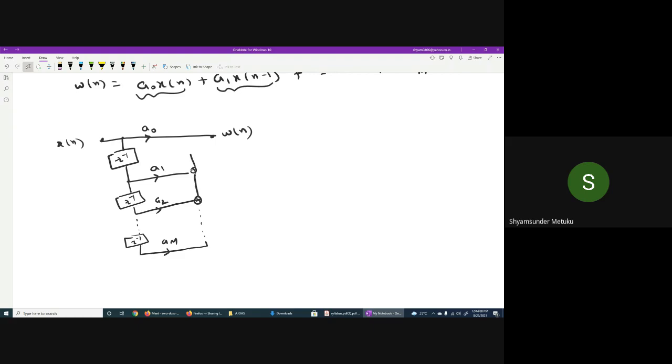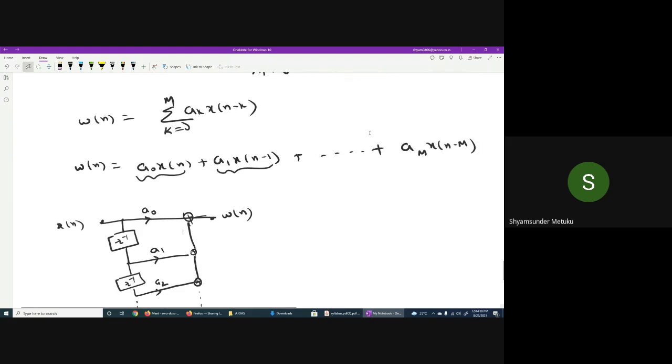Can I add like this? I'm adding the last term with the second last, something like this, no? Just a minute. This term and the term before it are added first. Yes or no? Again, like that you keep on adding, you'll get this term.